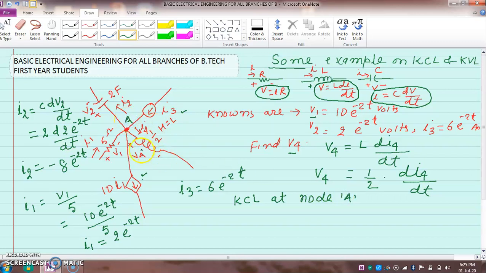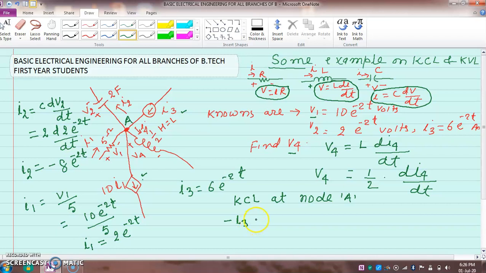As per Kirchhoff's current law, the sum of all the currents at a node is 0. I2 is outside, I4 is outside, 10 I1 is outside, while I3 and I1 are inside. Taking inside currents as negative, I3 is negative and I1 is negative.